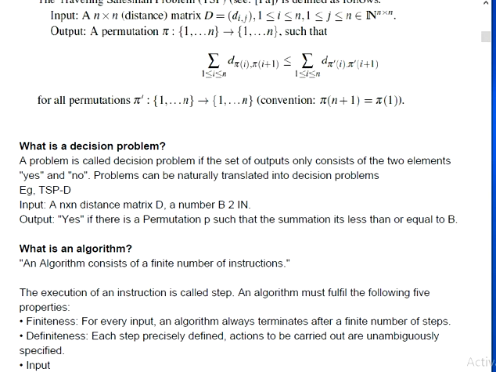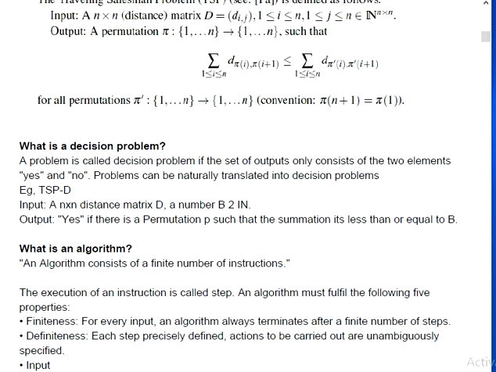We can solve it by a non-deterministic Turing machine: if it has a non-deterministic Turing machine that can guess a solution, then it is easily possible to check in polynomial time whether the permutation's distance is smaller than the boundary value or not.